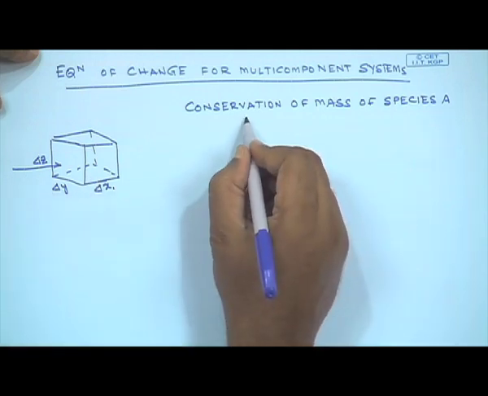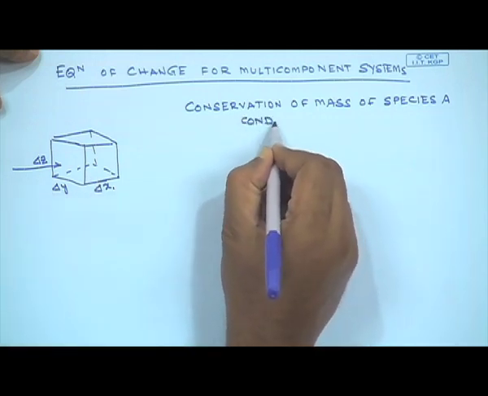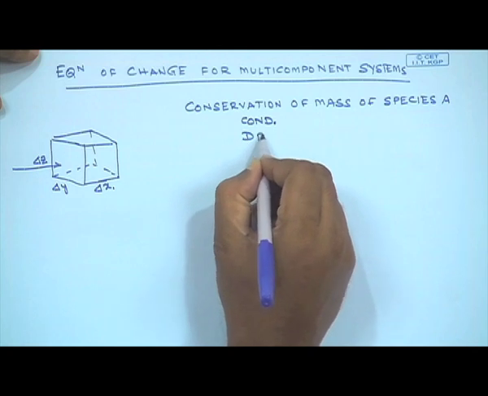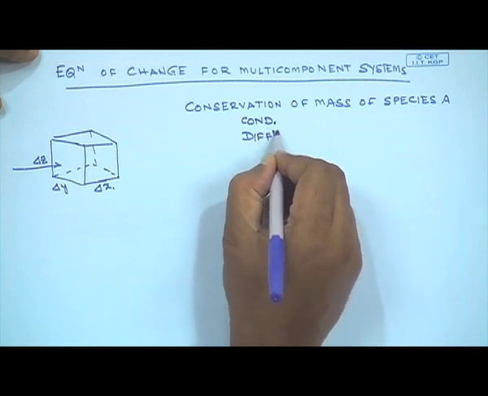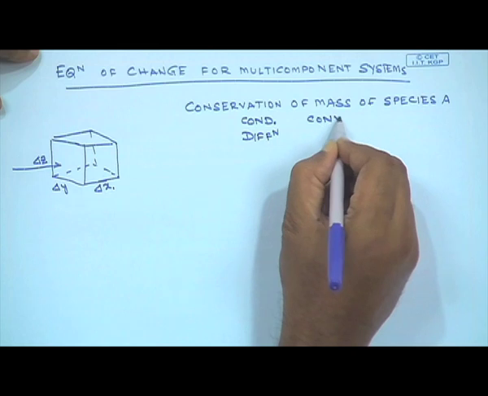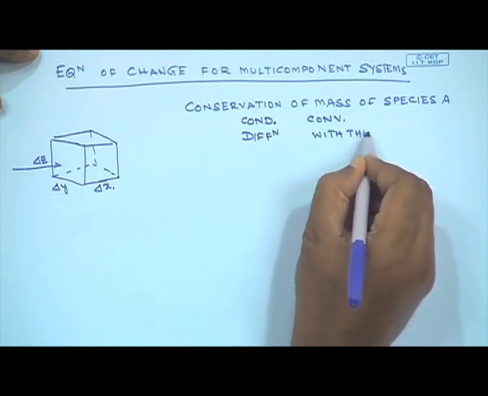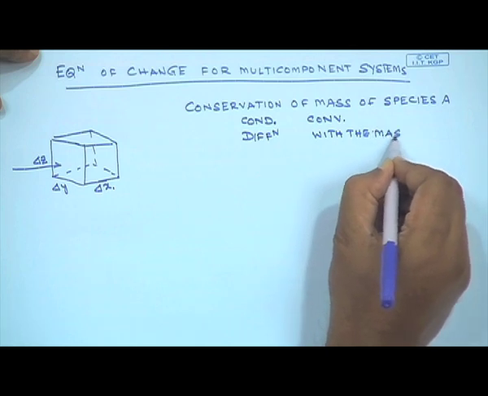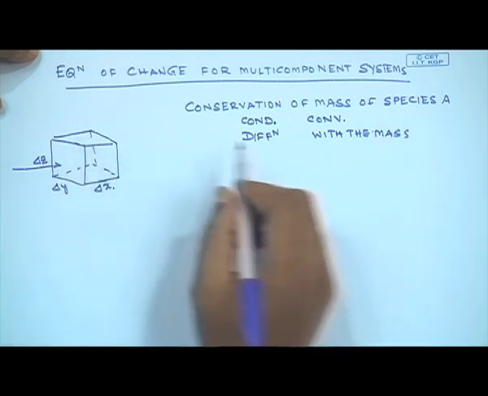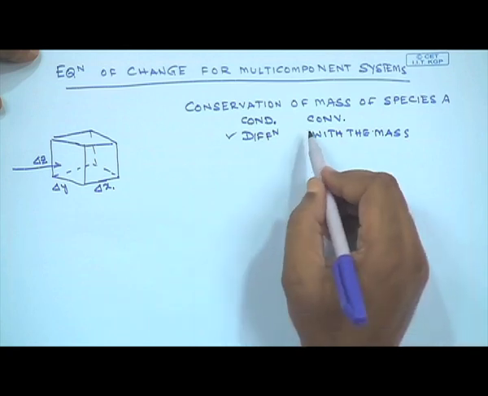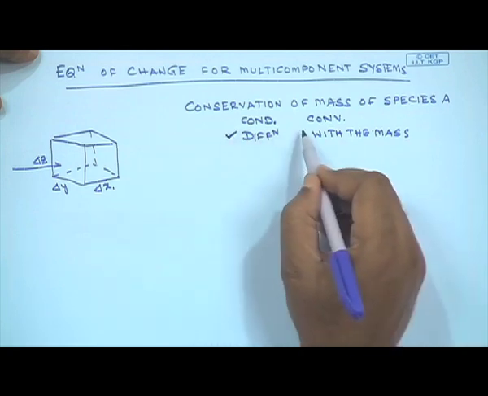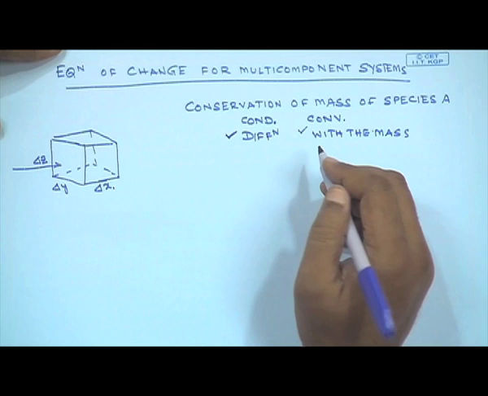So we have to take care of both conduction, which is essentially diffusion, and convection, which is with the flow. So species A can enter this control volume either by diffusion as well as by convection.